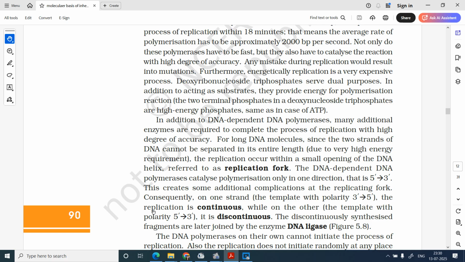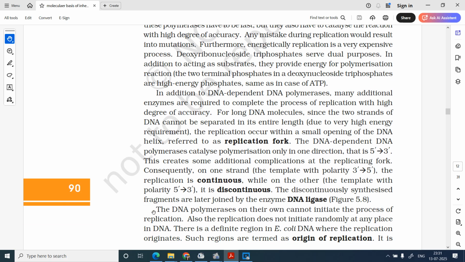This creates some additional complications in the replication fork. Consequently, on one strand, the template with polarity 3' to 5', the replication is continuous, while on the other, the template with polarity 5' to 3', it is discontinuous. The discontinuously synthesized fragments are later joined by the enzyme DNA ligase, figure 5.8.